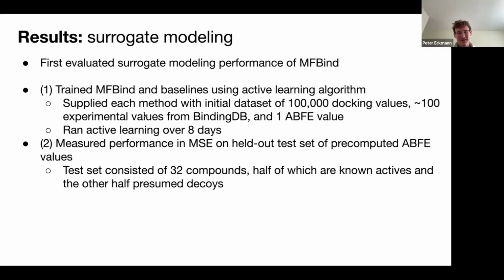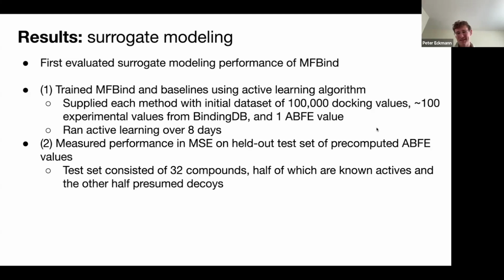So the first step is to train MFBind and the baselines using this active learning algorithm. And then after we ran active learning, we measured the performance in mean squared error on a held out test set of pre-computed ABFE values. This test set consisted of 32 compounds, half of which are known actives for the targets we looked at, and the other half are presumed decoys.